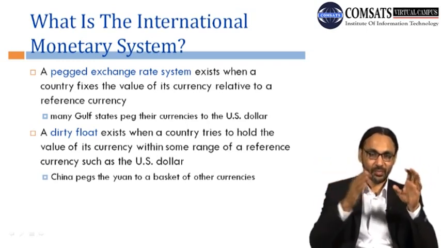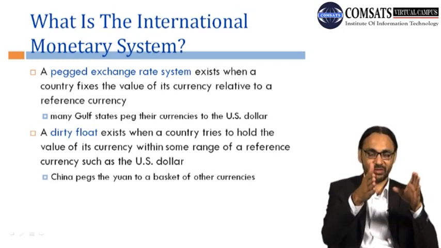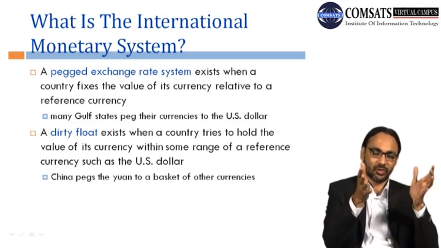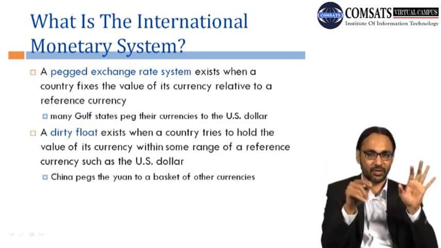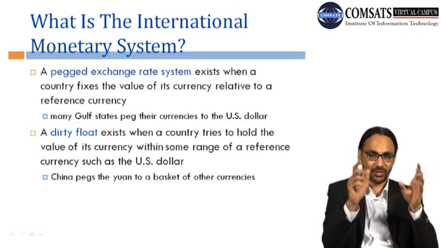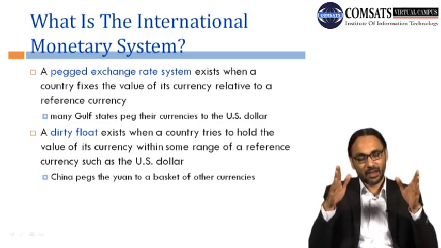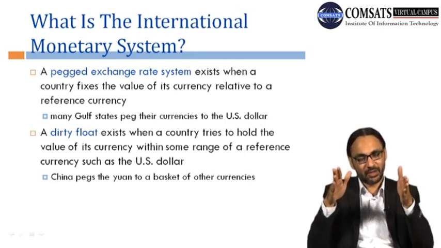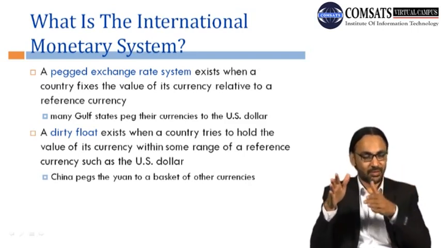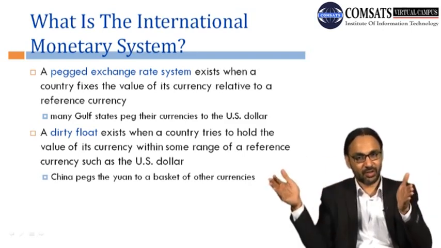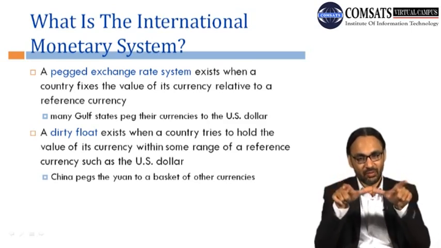Like if the US dollar stays at 100, a country can decide, for instance, in Pakistan, though we don't have the dirty float system, we have a free market, that the Pakistani rupee can fluctuate between 98 and 102, not less than this, not greater than this, in between this bracket.